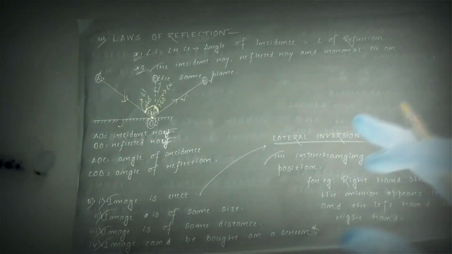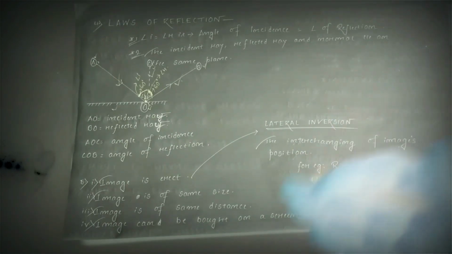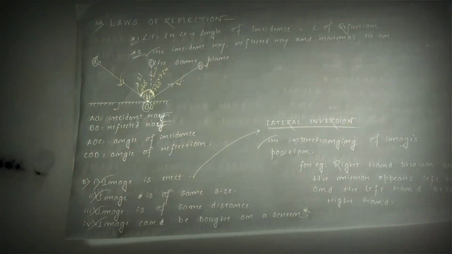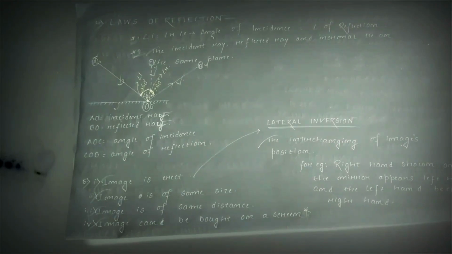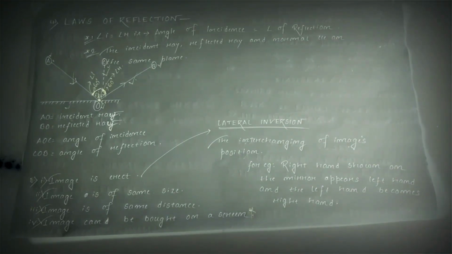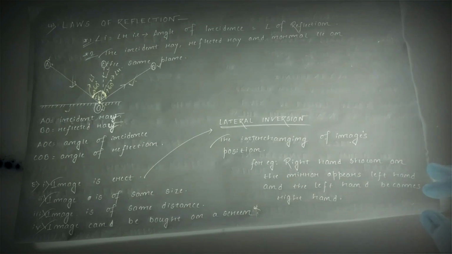From this topic we get another topic, that is lateral inversion, because there is also a 5th point which I have not written, which is that the image is laterally inverted. Now what does laterally inverted mean? To understand this, we need to understand what lateral inversion is. Lateral inversion is the interchanging of the image's sides.